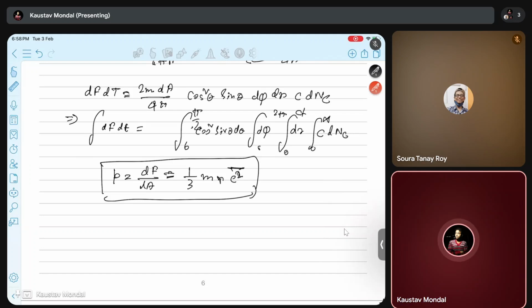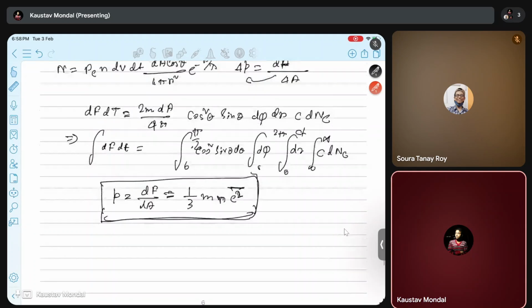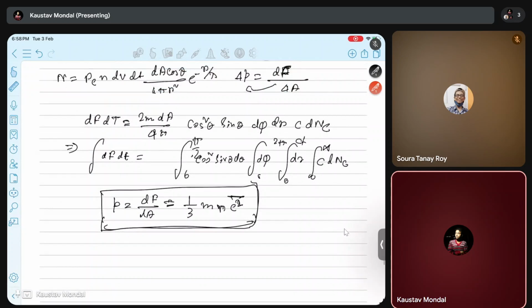This is the relation you need to remember. The pressure is related to the mass of the gas, the number density of the gas, and the mean square velocity of the gas.